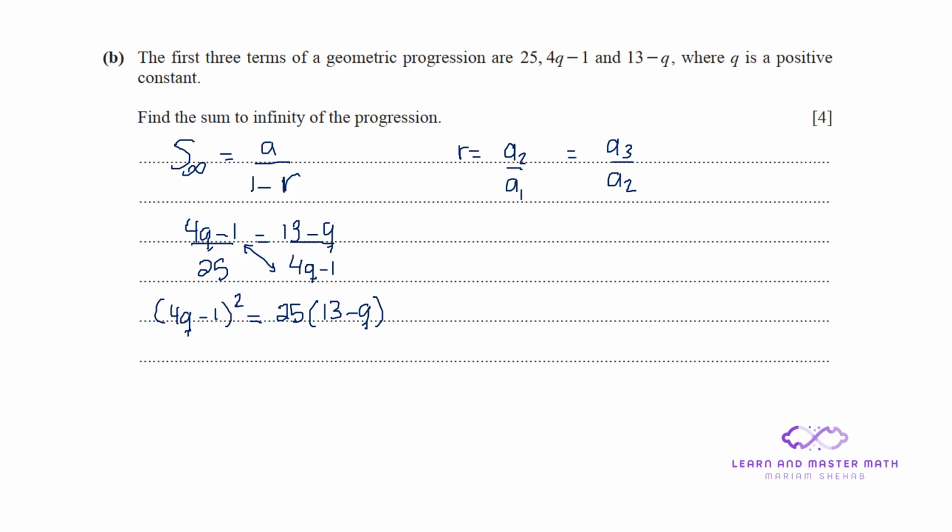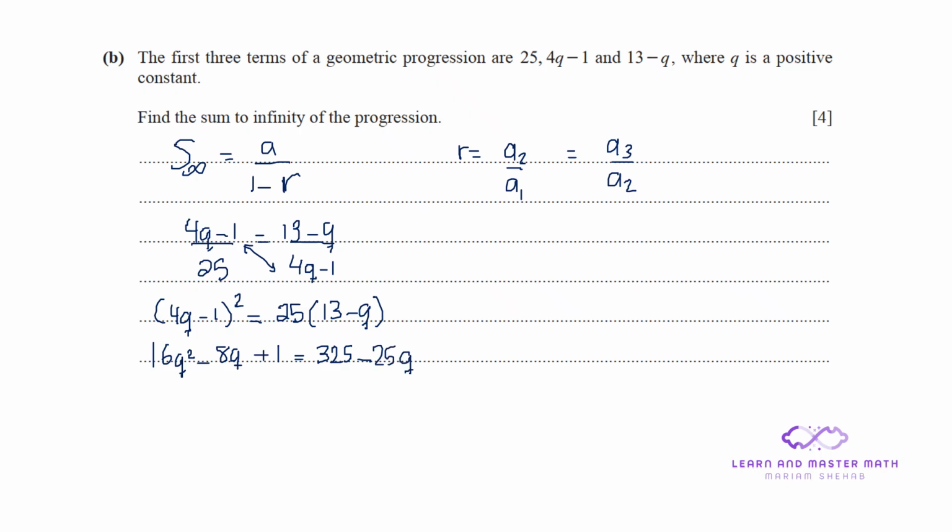Expand your work here and you will get 16Q squared minus double 4Q, which is 8Q times 1, plus 1 squared, equal to, distributive property on the right, 25 times 13, which is 325, minus 25Q.